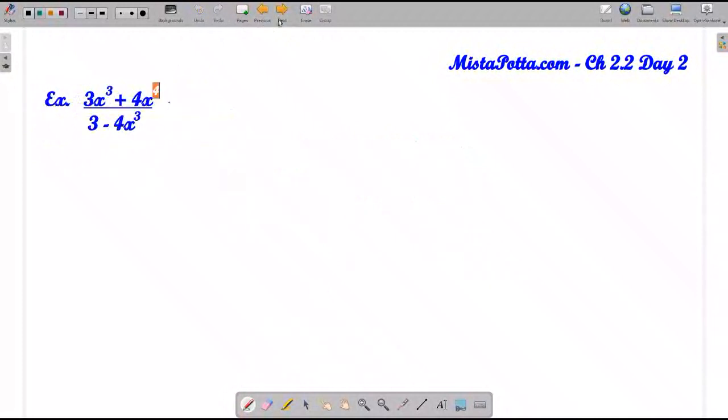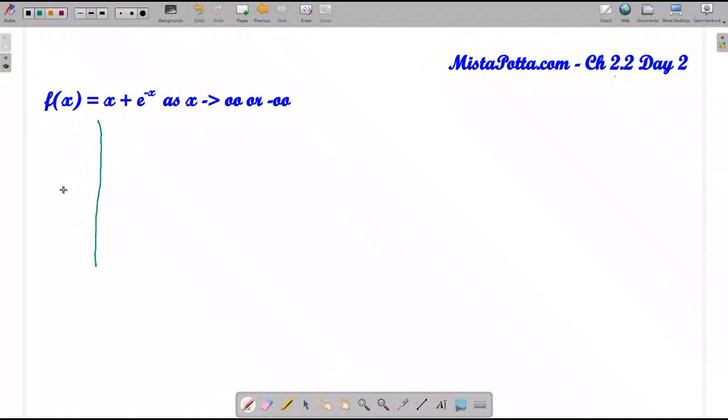So there is one more function that I want to talk about, and that's this function here, where if I look at f of x equals x plus e to the negative x as x approaches infinity, or as x approaches negative infinity. And so what I want to look at first is if I look at this from a graph standpoint, I'll actually notice two things.